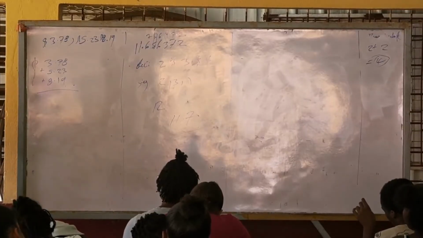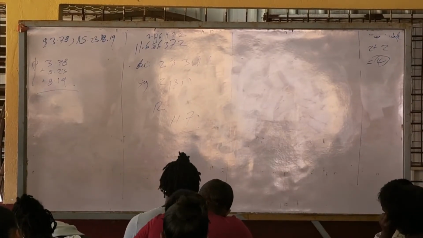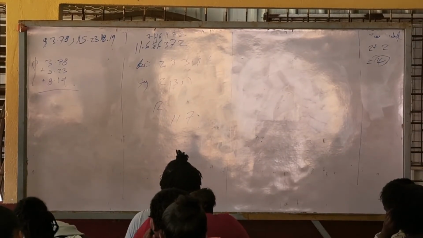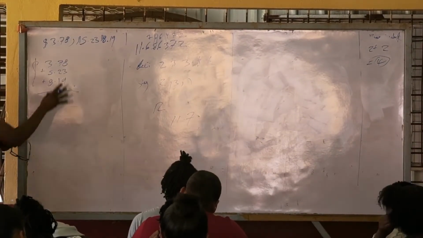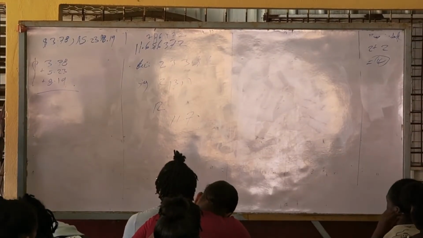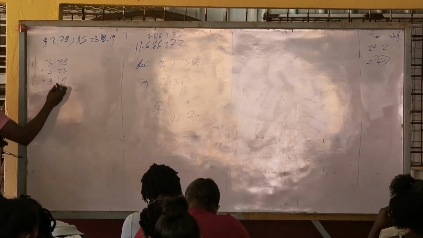Everybody see that? So even though it's a currency question, it's a decimal question because the currency is a decimal. So now that you know how to add decimals, you know how to add currency.